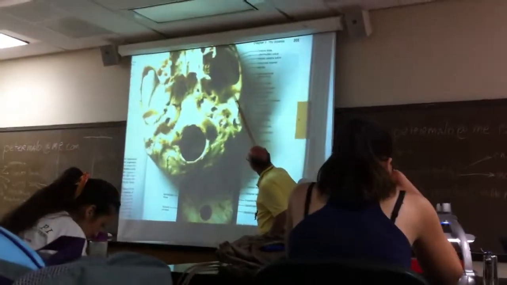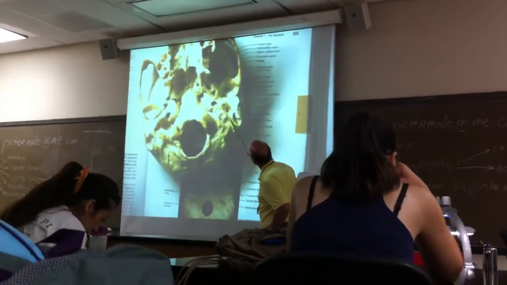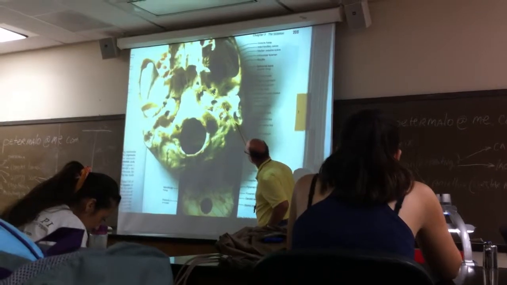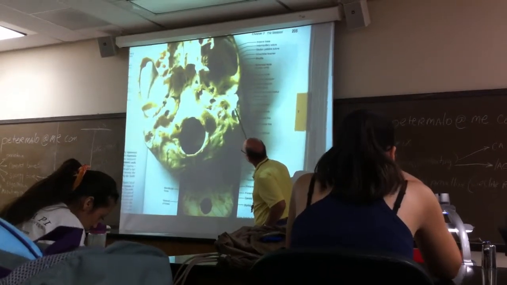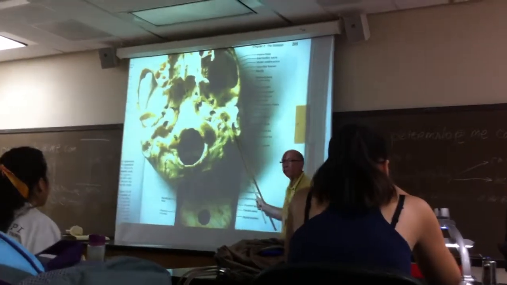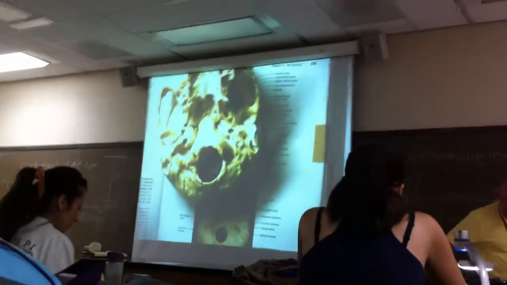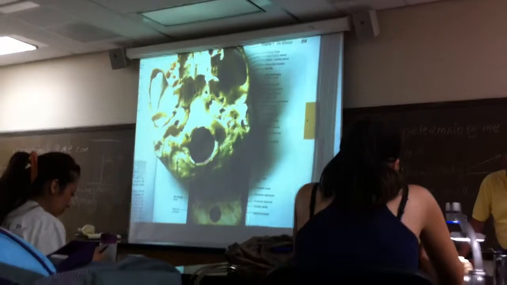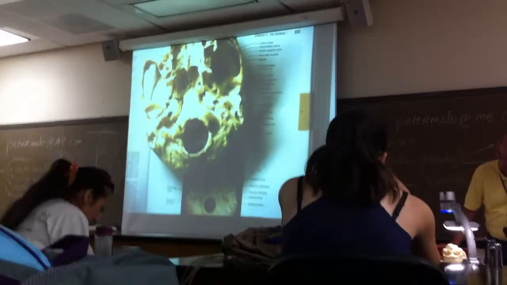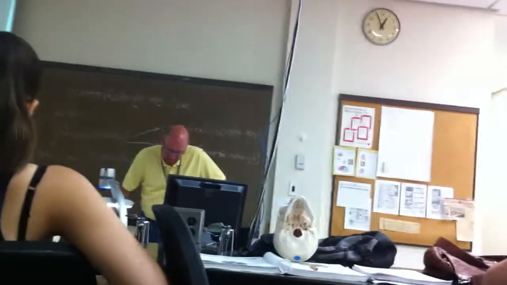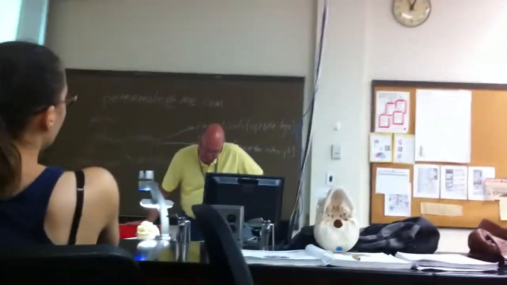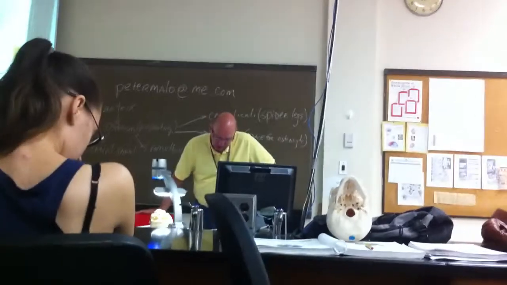So by drawing a line downward, you've now connected the mastoid process with the mastoid portion. So you've connected 7 and 9.